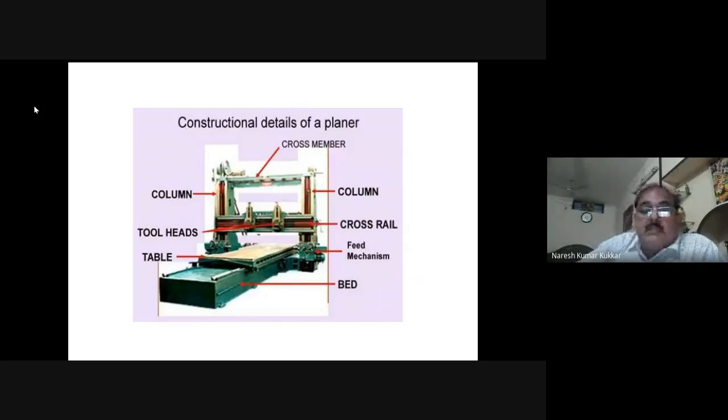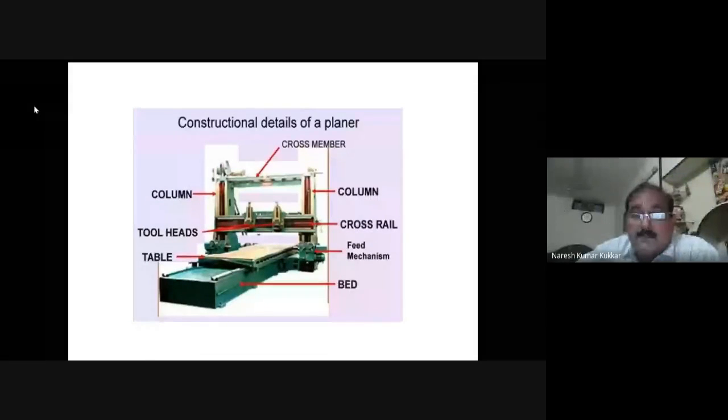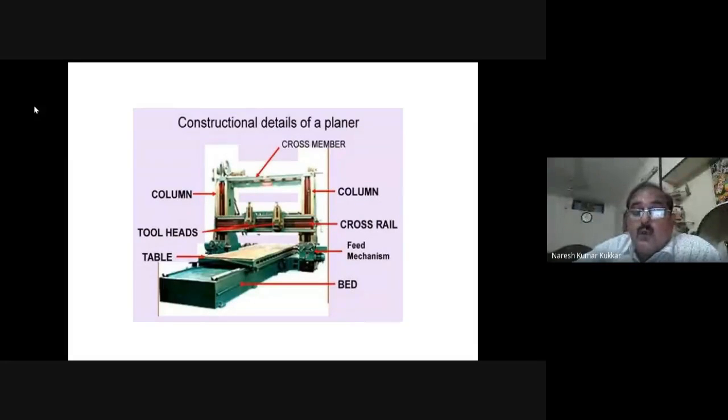In a planer, there are two large columns, one on each side, and there is a cross rail. The cross rail moves along the columns upward and downward, and there is a table below that, and tool heads are mounted on the cross rail.